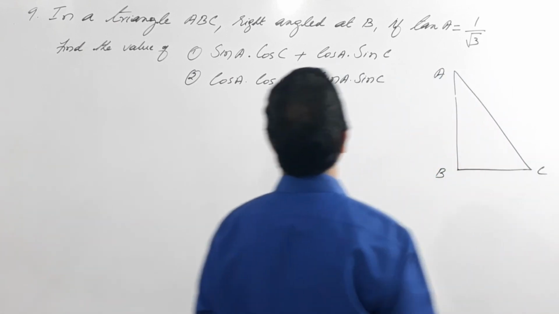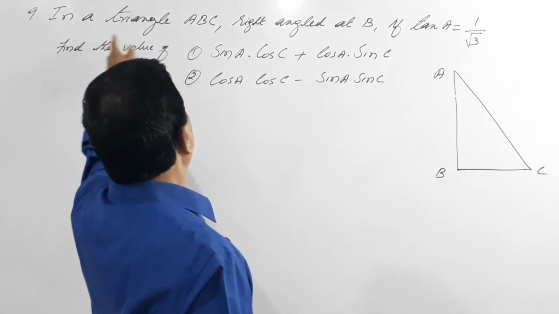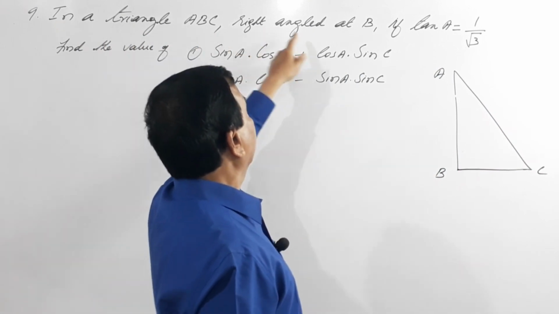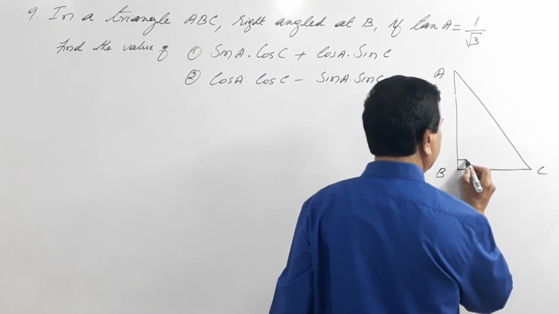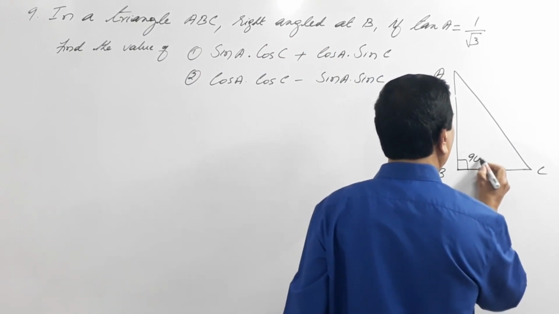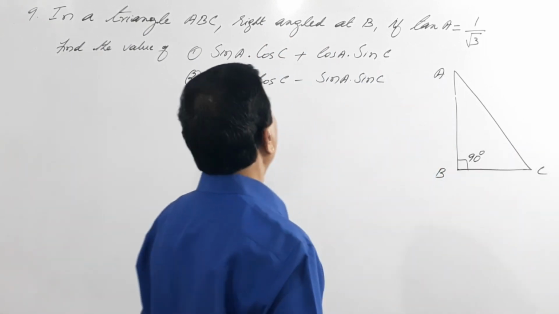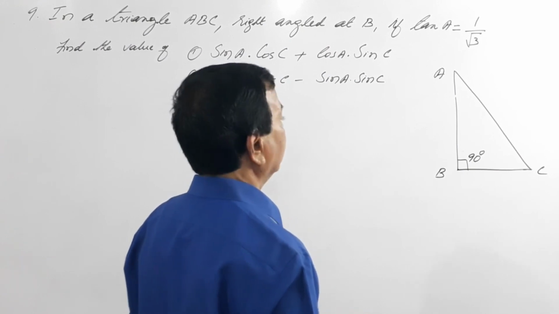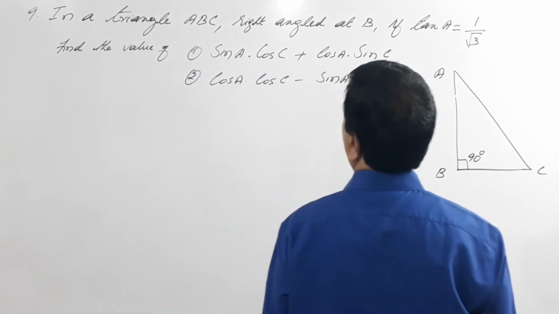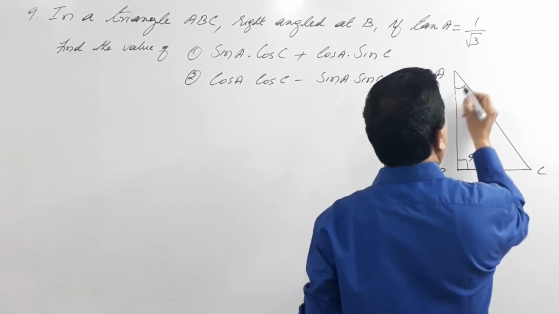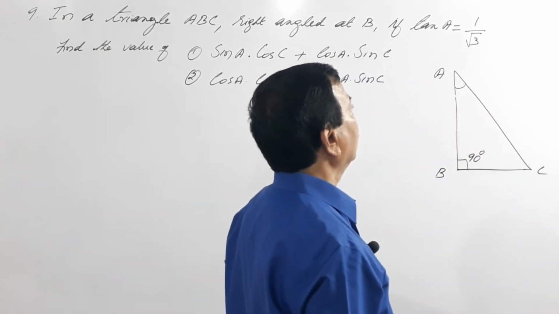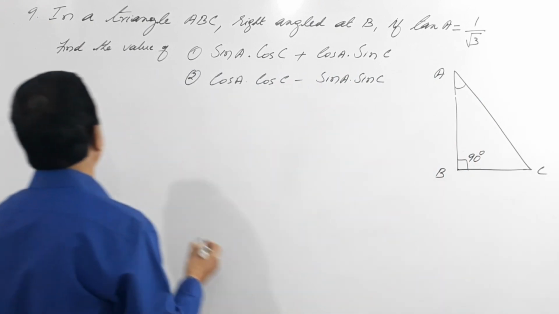Right angle ABC, right angled at B. So it means to say this is 90 degrees. Here you can choose anything you want. Here tan A is given, so you have to select this as the angle. So what is tan A?